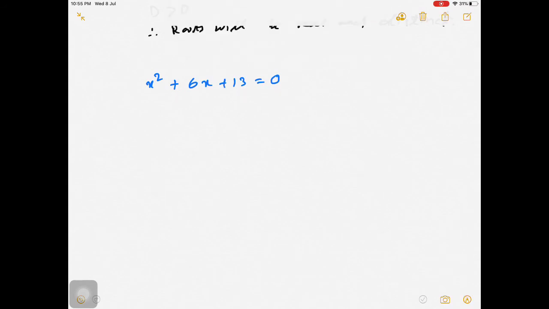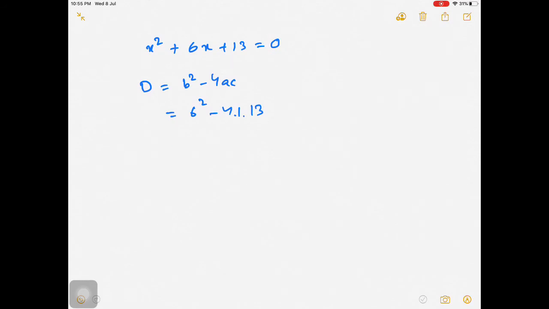Then what is the nature of roots here? Now here D equal to b square minus 4ac, we know the formula, and b is 6 here, so 6 square minus 4 into 1 into 13, and that is equal to 6 square is 36 and 4 into 13 is 52.